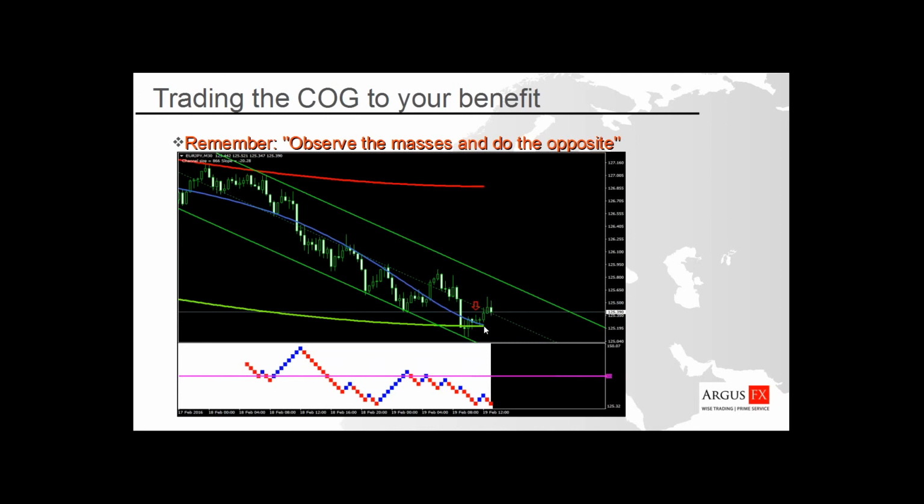Instead of using it to find support and resistance, we are using it to find out when the price will break major support levels aggressively to the downside to sell. If the price was at this level and the blue line was at this level, crossing above the red line, it would be an indication that the price will likely break above a major resistance level. So we are actually trading the breakouts. We are not trading the retracements.